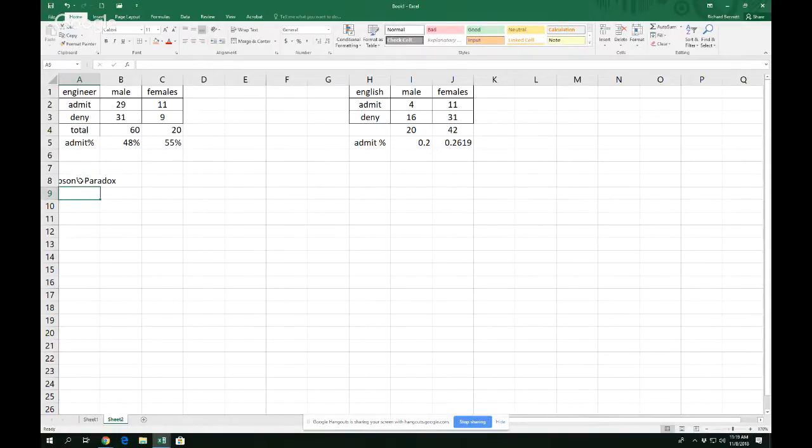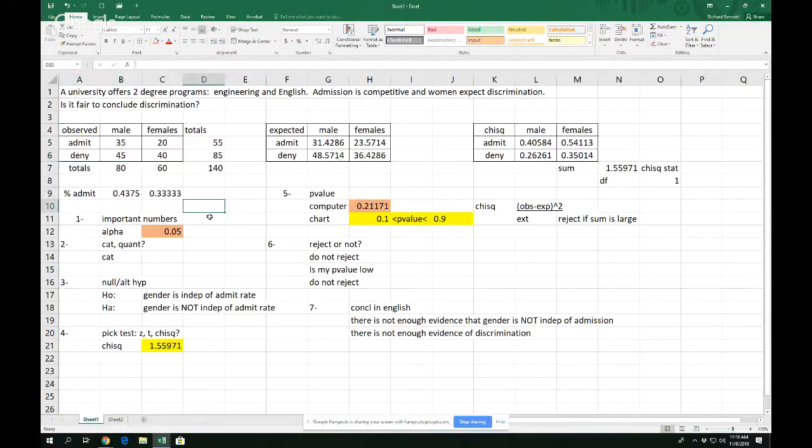And what that means is when groups are unequally sized, sometimes associations can reverse. How about that? Okay? So we can believe our original thing that said there is not enough evidence of discrimination.